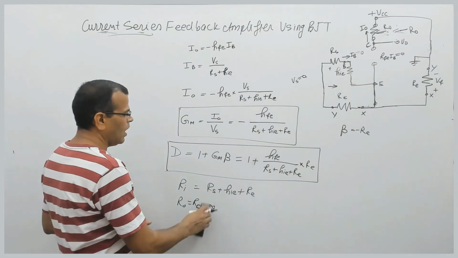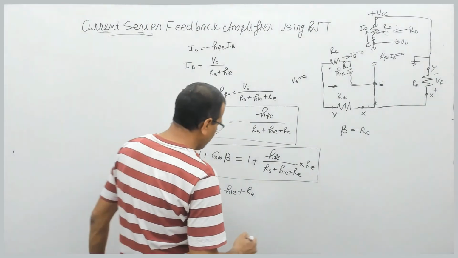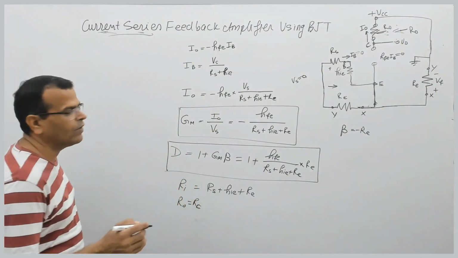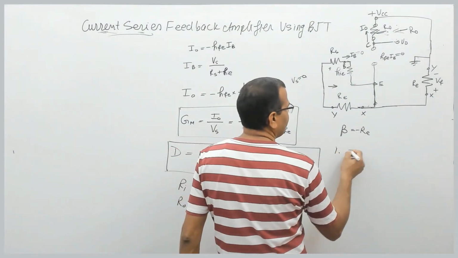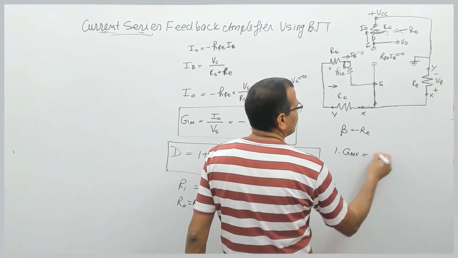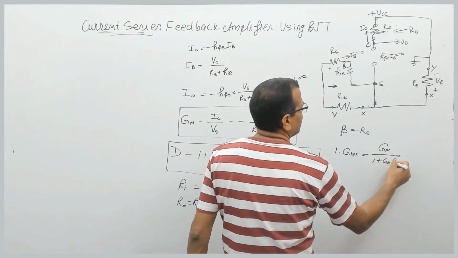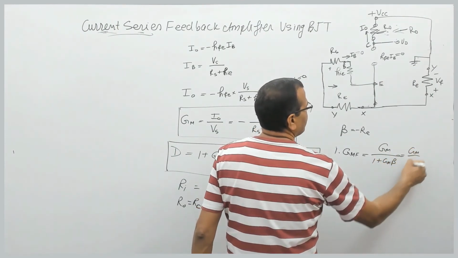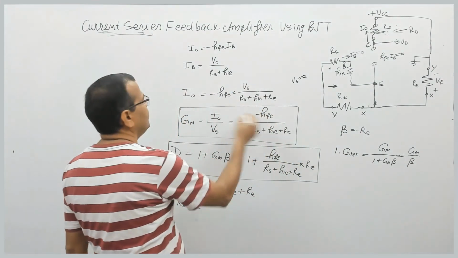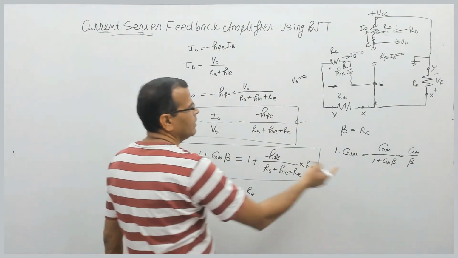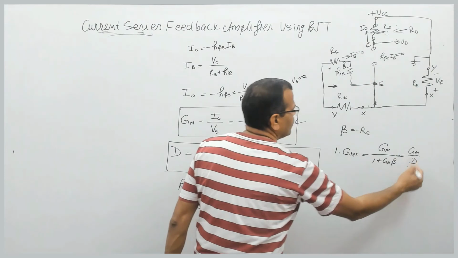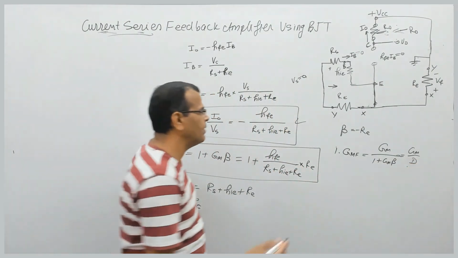However, for finding out the gain of the amplifier with feedback, Gmf is equal to what? Gm by 1 plus Gm beta, that is Gm by D. And you know what is Gm, you know what is D. So you can find that expression, gain with feedback.